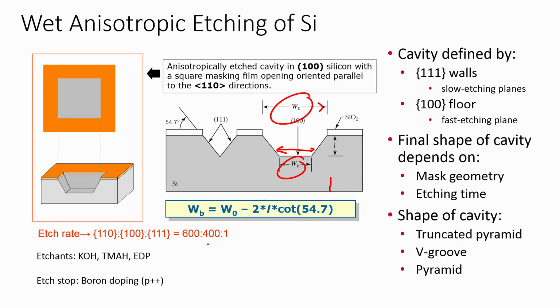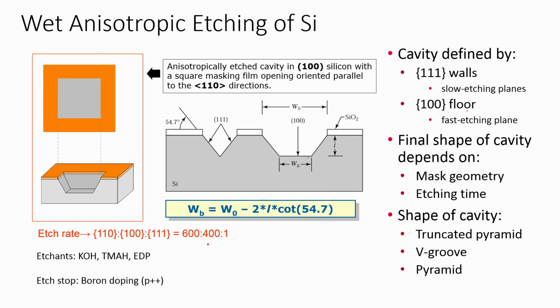When wet etching of silicon is done, it creates an angle of 54.7 degrees. I said I, but you can say L or I, it is a length. Of course, the silicon dioxide will act as a mask.